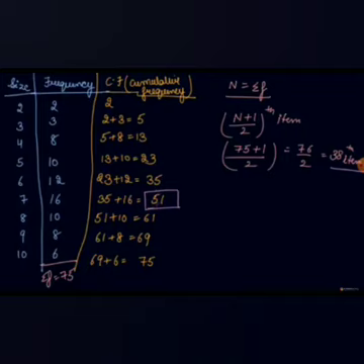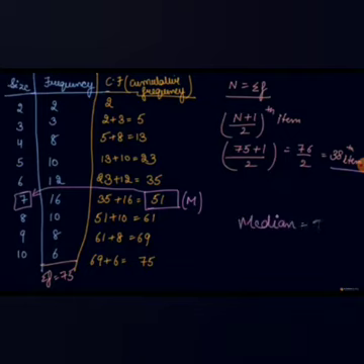So 51 is the cumulative frequency for the median class. Now this is your median. You find out the corresponding median value of this frequency, which is 7. So your median here is 7.